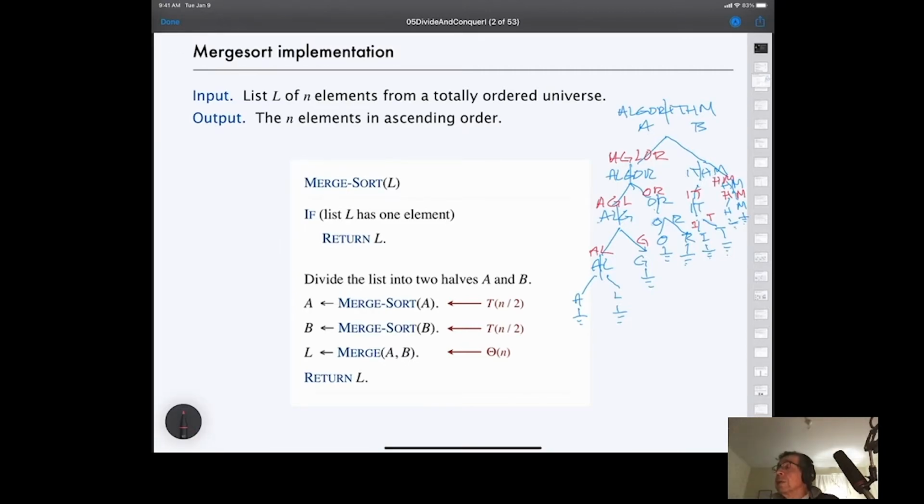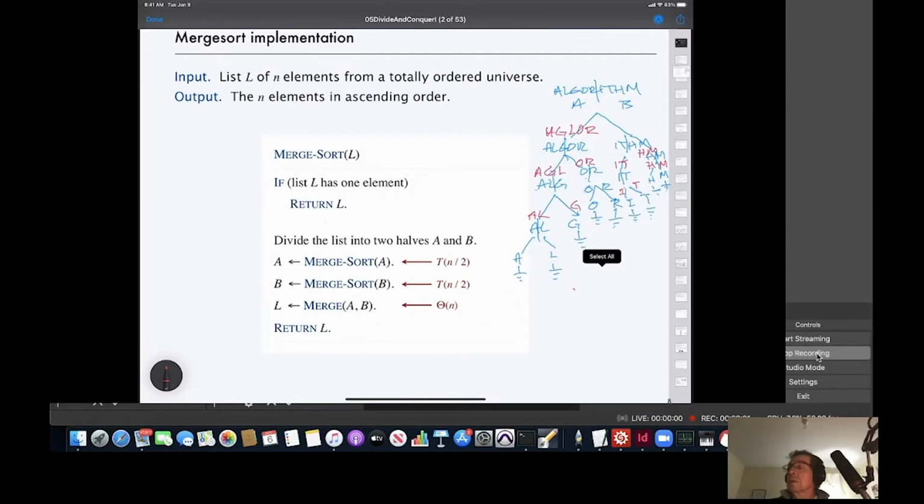And at this point, we are done with the 2 recursive calls from this level, from this subproblem, and we are ready to merge them. So we return the merge of the files IT and HM, and we do that according to the merging process we already know.